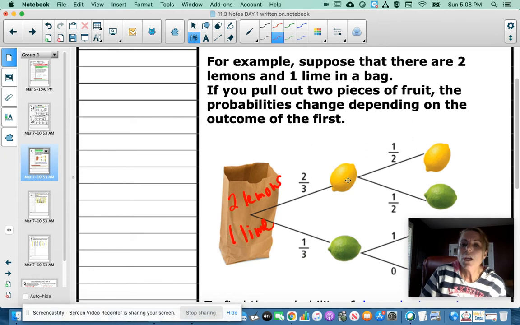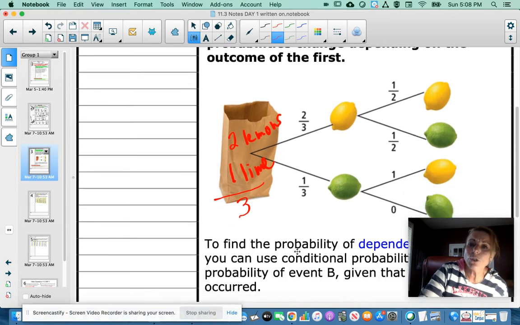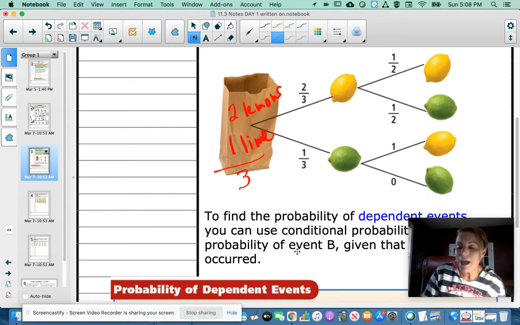All right, so the probability of pulling out a lemon out of that bag, since there's 3 pieces of fruit, is 2 over 3. Probability of picking a lime is 1 over 3. Let's say I pull out a lemon out of the bag. Then you're asked, what's the probability now of getting a lemon again on a second pick?